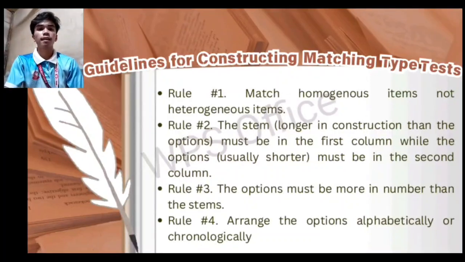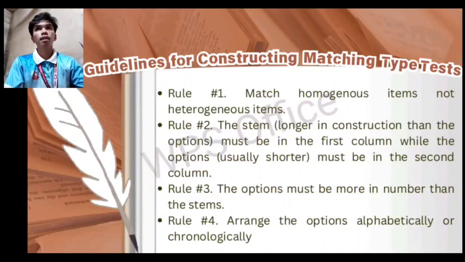Rule number 1. Match homogeneous items, not heterogeneous items. So what is homogeneous? Homogeneous means same from the word homo, and heterogeneous means different from the word hetero. So for example, yung column A mo is countries.